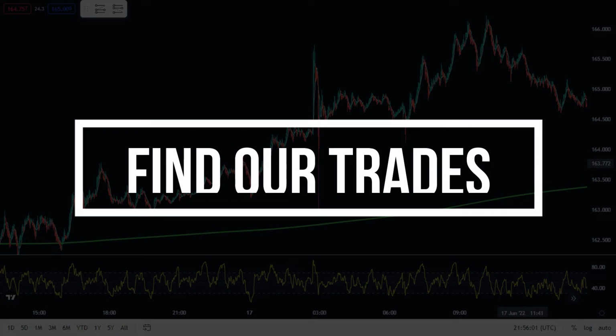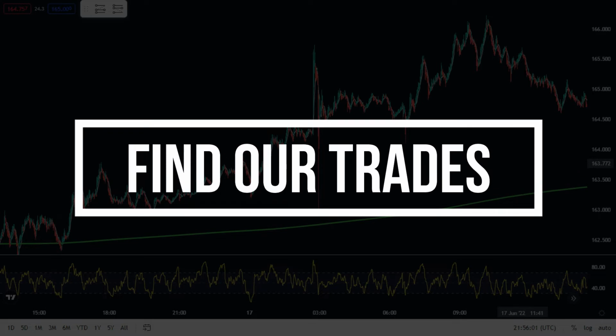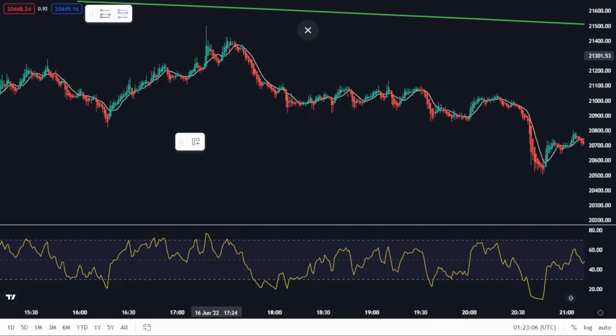After establishing our rules in both cases of an uptrend and a downtrend, let's put this knowledge into practice and try to find some winning trades. In this chart, we see clearly that the slow-moving average is above the Heikin-Ashi candles, which means that we will be looking only for short trades. We see here that the RSI is overbought, so we have a potential short trade.